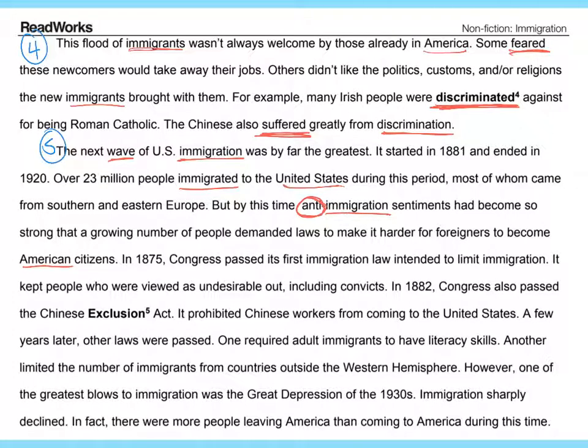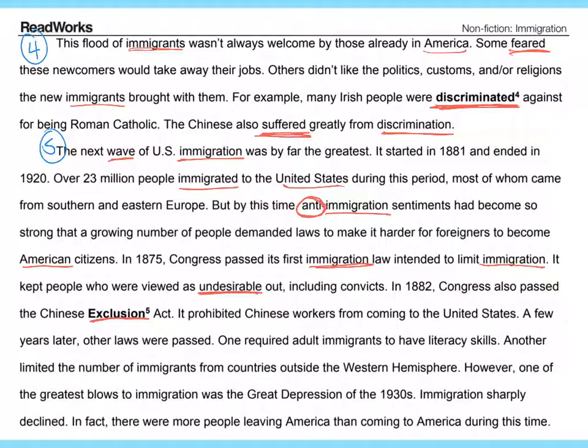Let's see, we've got words like, how about undesirable? That's definitely very negative here. I think it goes along with discrimination. We have exclusion here, which is being kept out or shut out, which also goes along with the idea of discrimination. And I would even connect it to perhaps suffering.